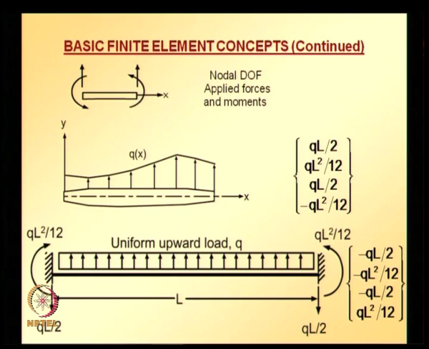Now if we compare the moments and shears with equivalent nodal loads, it can be observed that in both vectors the magnitude is the same, except that the sign is opposite.